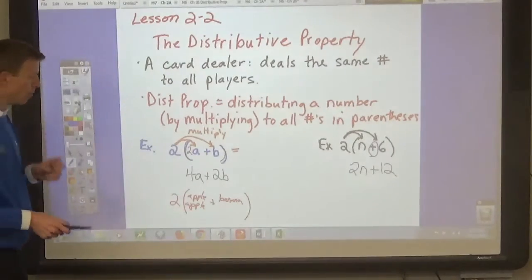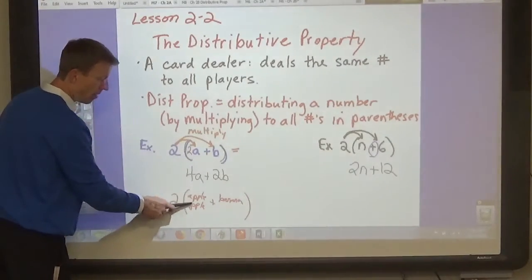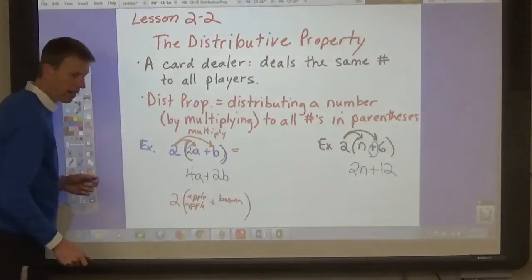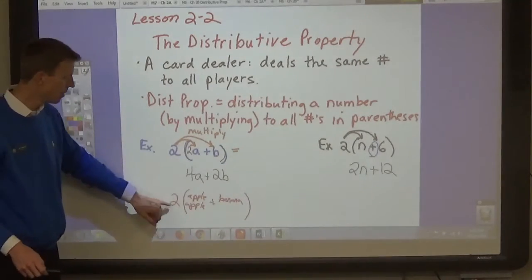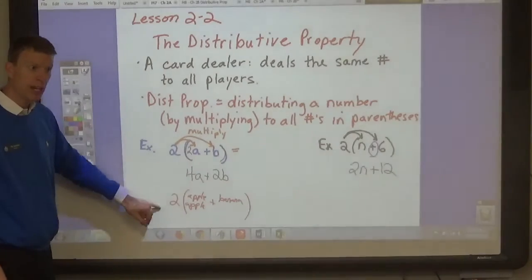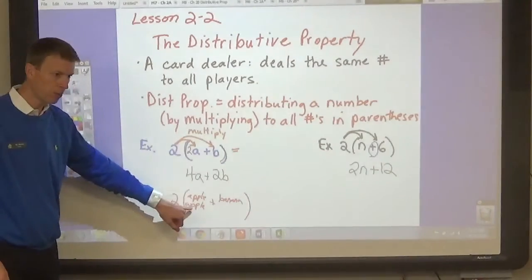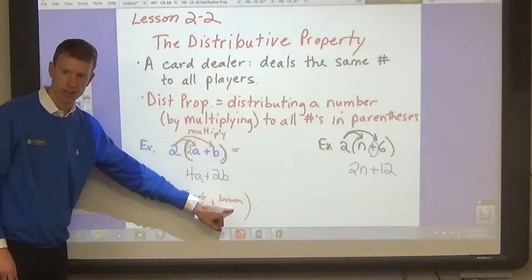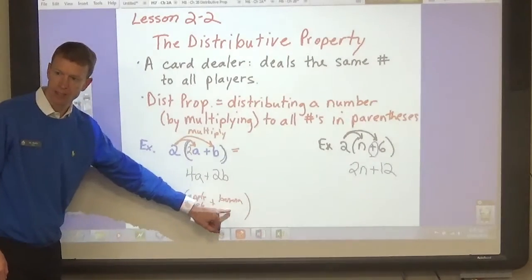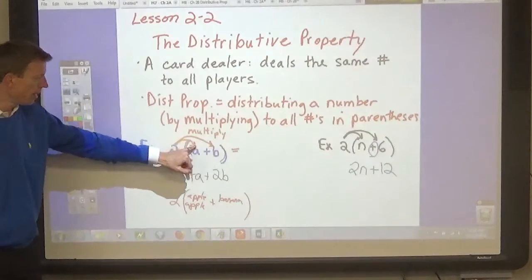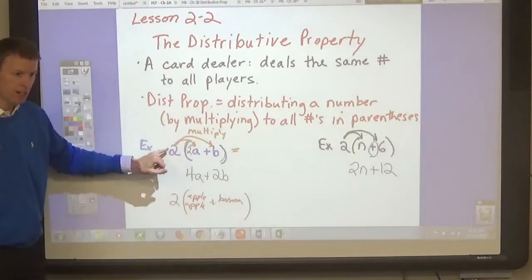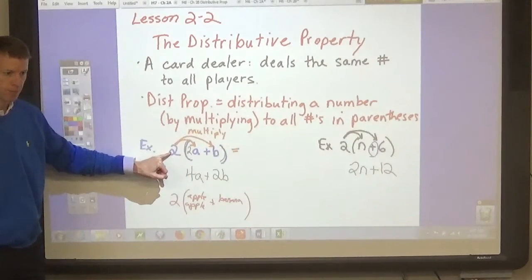But if you just have apples and bananas, then you can't add them together. But you can multiply them. You could get twice as many apples and twice as many bananas. And that's what the distributive property says. You just multiply each group by the number outside of parentheses.